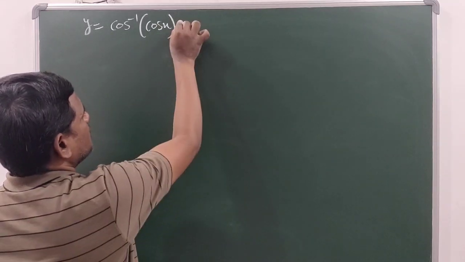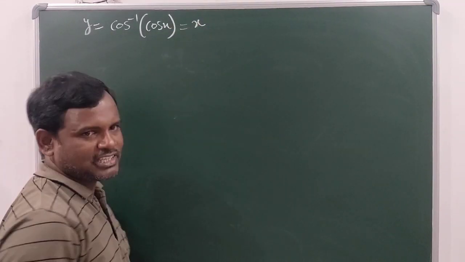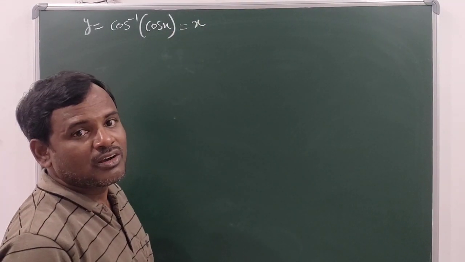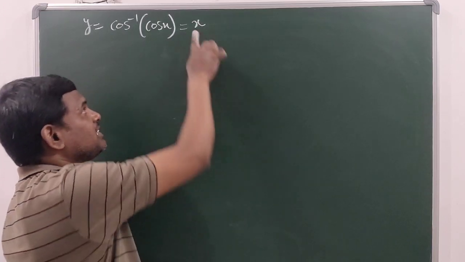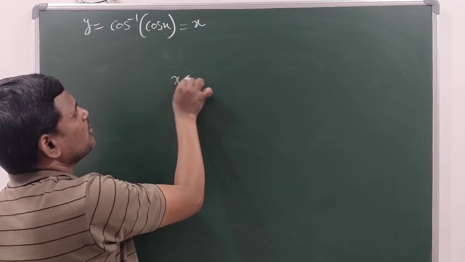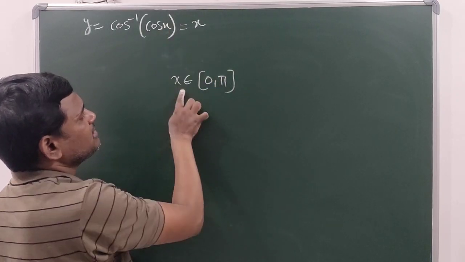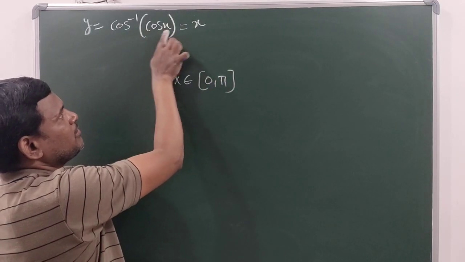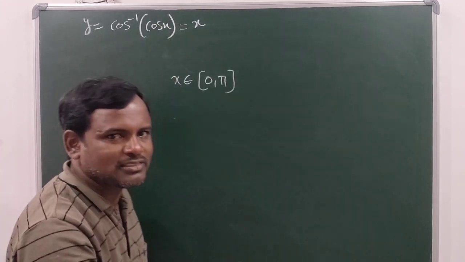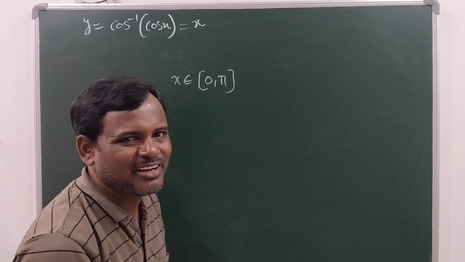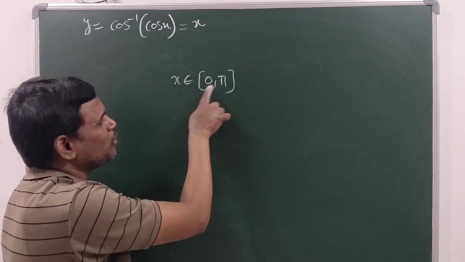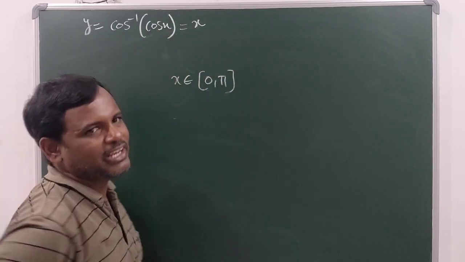So cos inverse of cos x is directly x. Tell me students, it is x, but when x belongs to 0 to pi. Cos x domain is the set of real numbers, and if that real number set is 0 to pi, the result will be x.